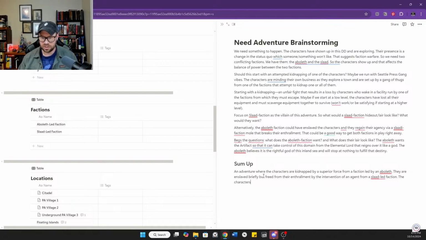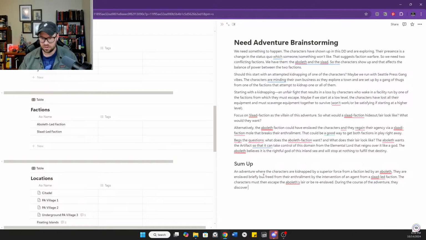The characters must then escape the Aboleth's lair, and or be enslaved during the course of the adventure.